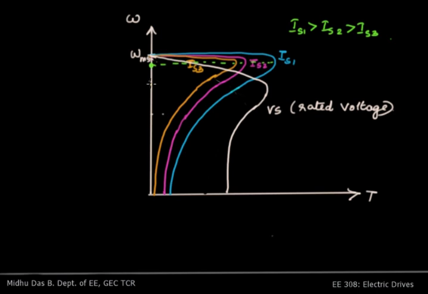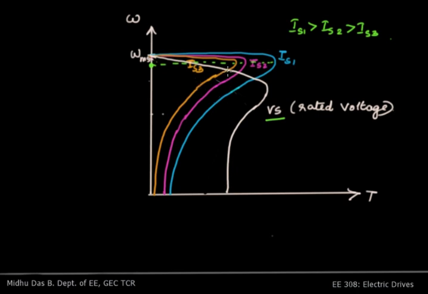Now this white curve shows the torque speed characteristics when the induction motor is fed from a voltage source, and this is the plot for rated voltage.